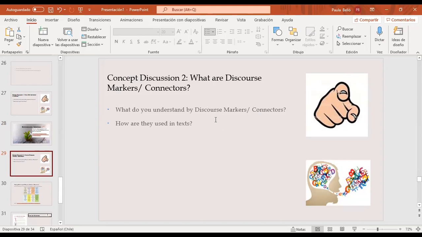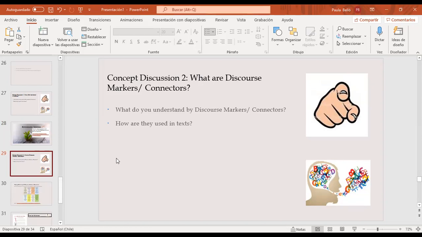We signal things, for example, para señalar, yes, to signal, to make some signals in discourse. Okay. Any other ideas? So you will see which are they, not to worry.